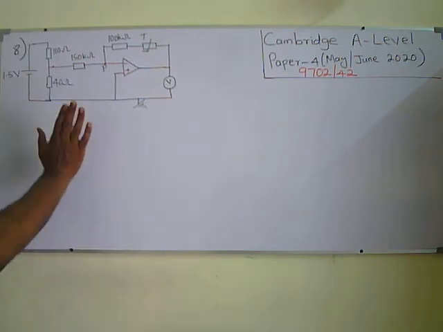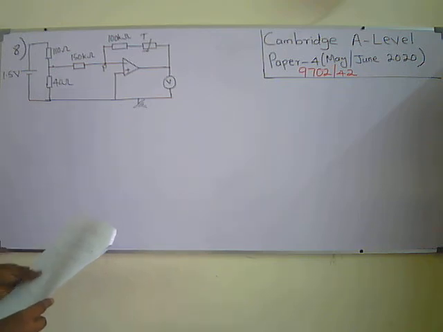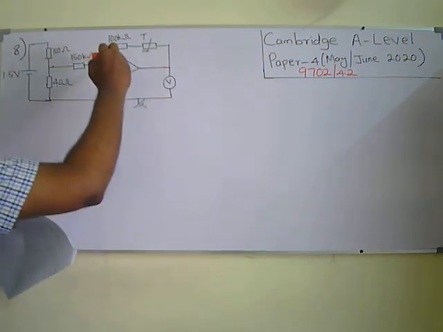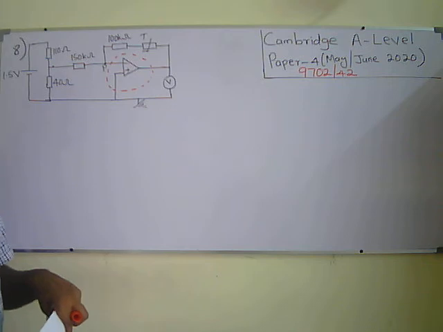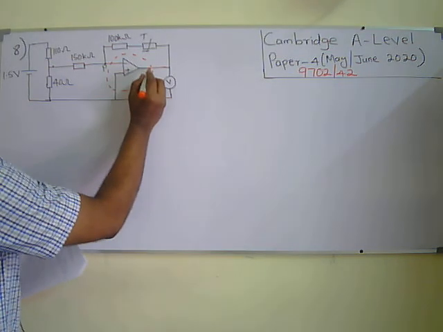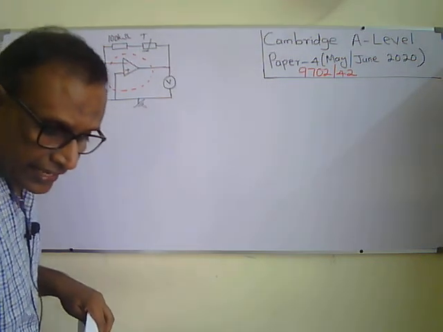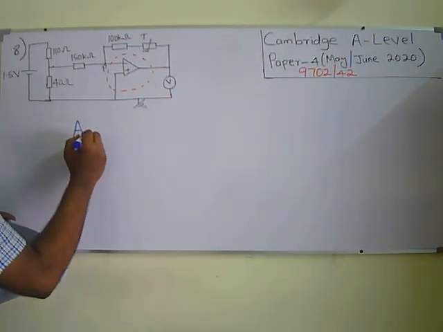Now, B part, this circuit diagram is given. Explain why point P is known as virtual earth. So we consider this part as the open loop. The gain of the open loop is A naught.